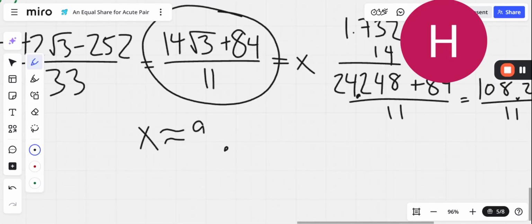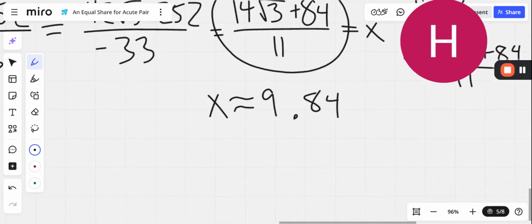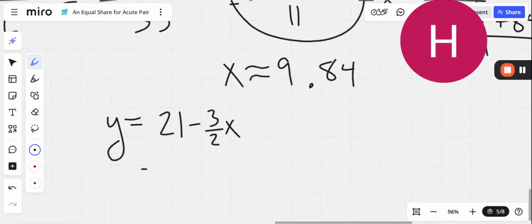If you wanted to find out what the y value is, remember, you can use the substitution that we had. So you can use the fact that y equals 21 minus 3 halves x to say that this is approximately 6.2388. If we round it, let's say 6.239.